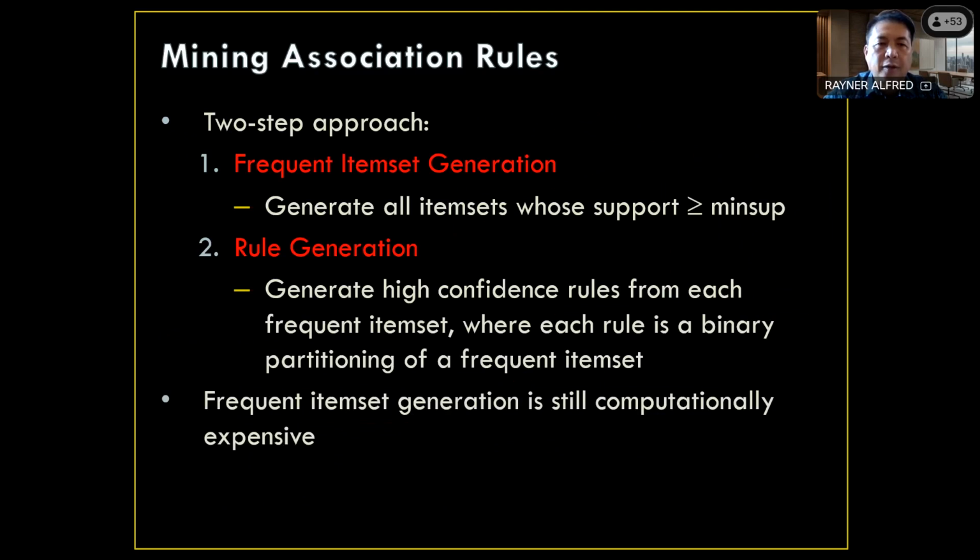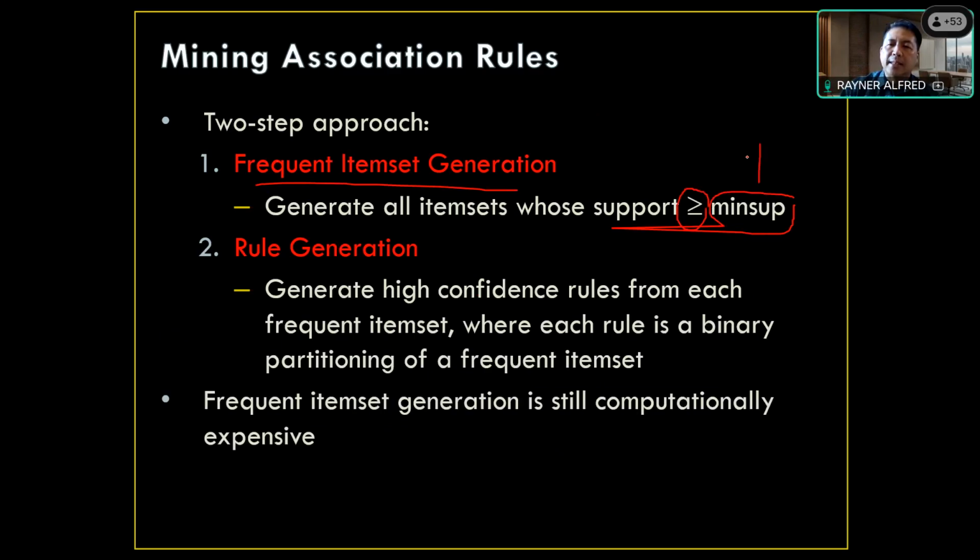Okay, so what we can do here is that there are two steps. In the frequent atom set generation, we generate all atom sets whose support is greater or equal to the minimum support that we have. So this is determined by us. This is set by the user.